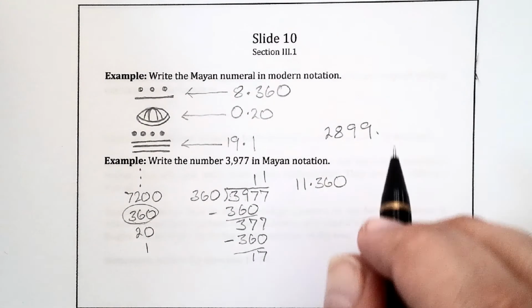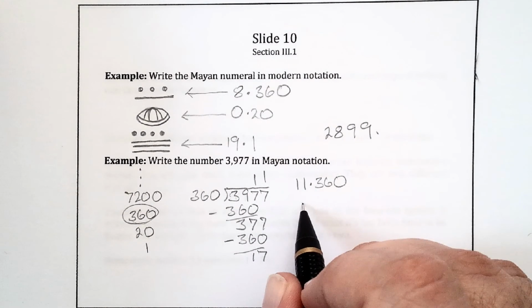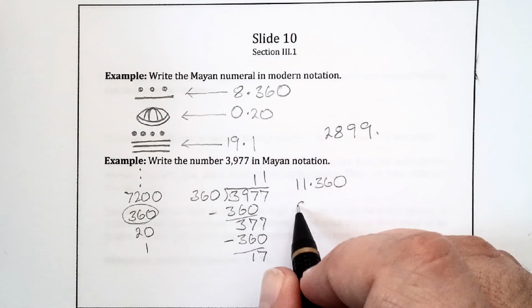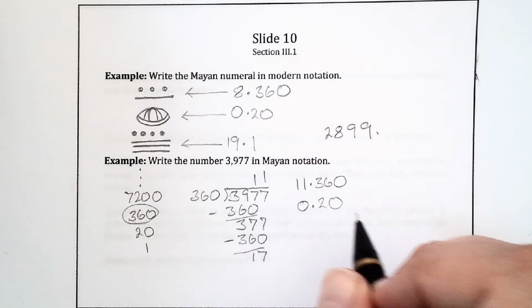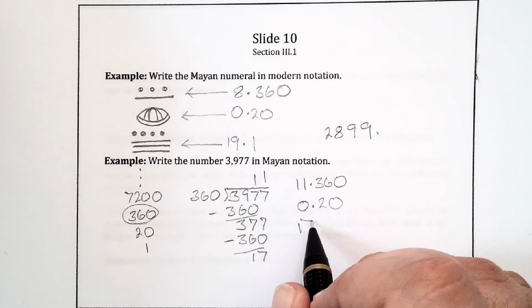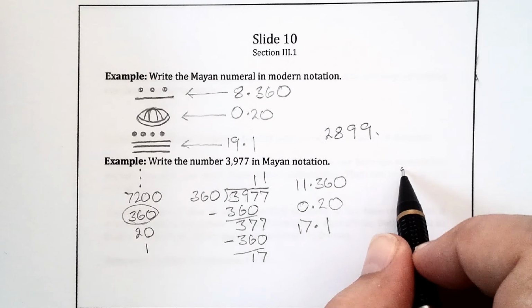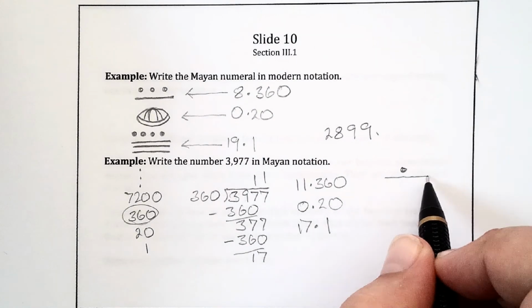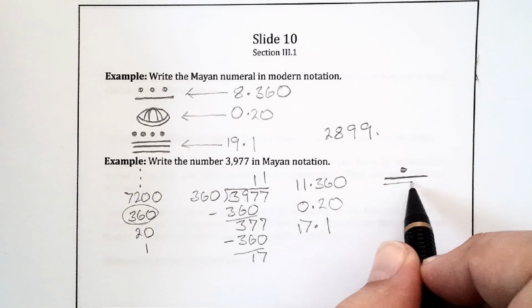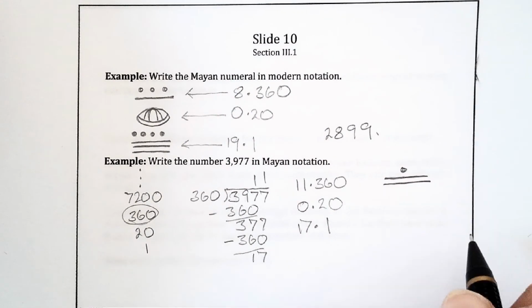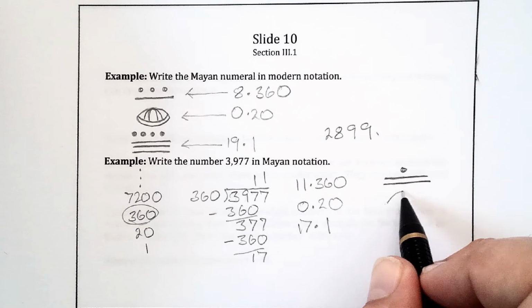Okay, I don't have any 20s, so kind of like the last one. And then we have 17 ones. So I need an 11 on top. And then the 0.